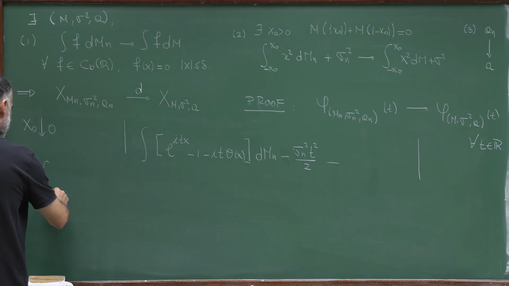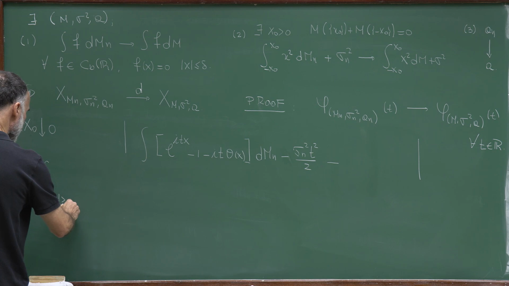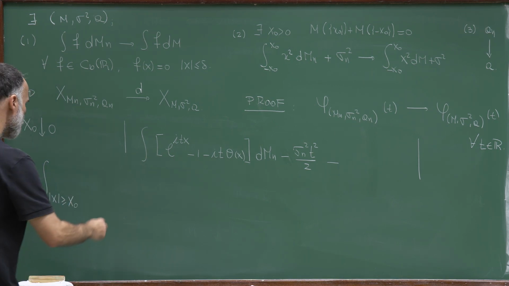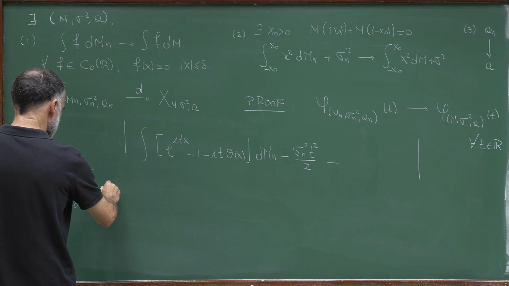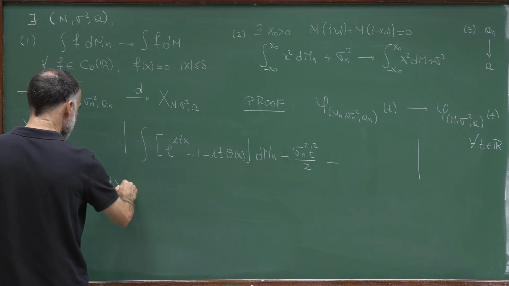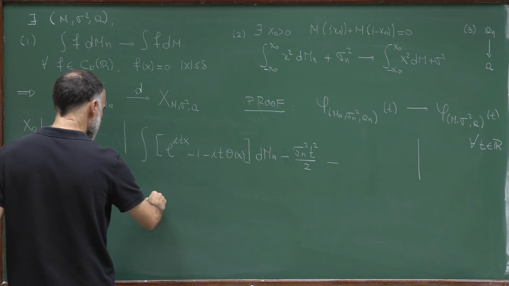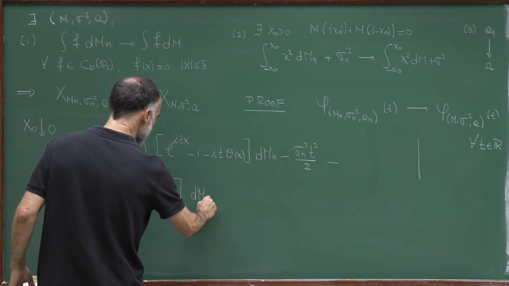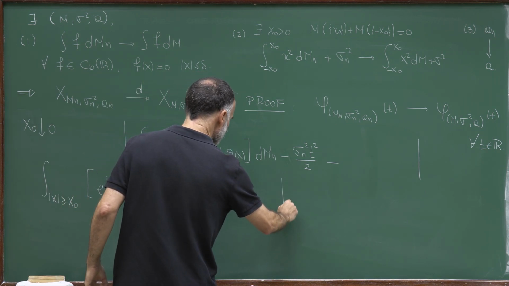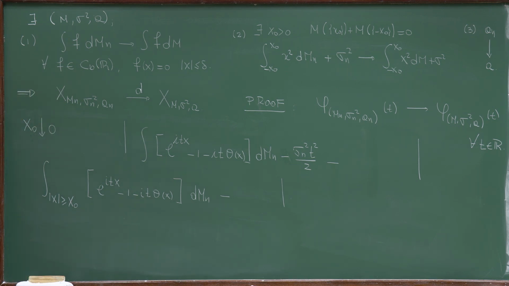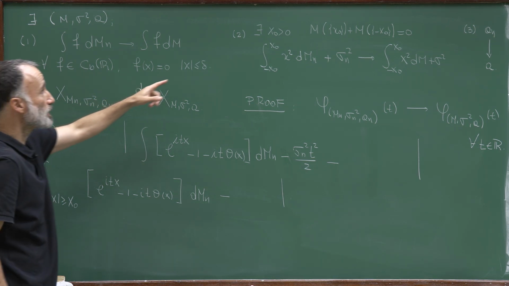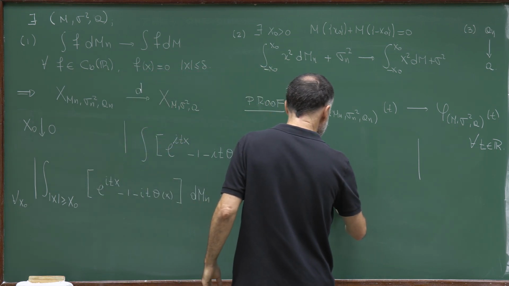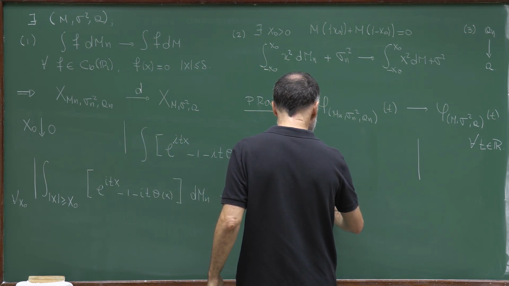So if I fix x larger than x0, and consider the function e^{itx} minus 1 minus i t theta x dmn, and I compare that to the same expression, what I claim is that for all x0 which satisfy this condition, this converges to 0 as n goes to infinity.